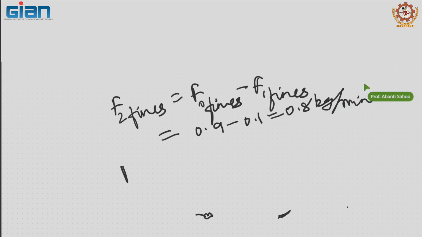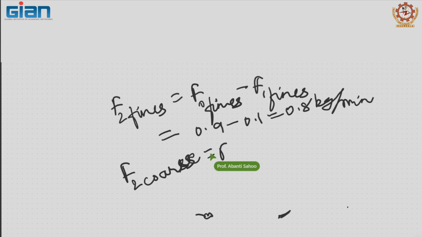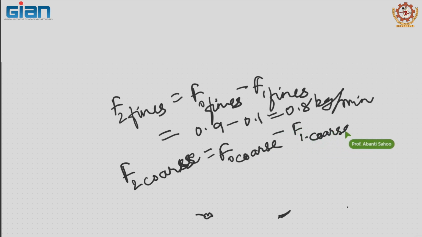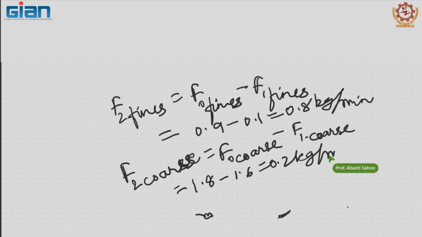Similarly, F2 of coarse also we can find out, which is F0 of coarse minus F1 of coarse, which is 1.8 minus 1.6, which is 0.2 kg per minute.